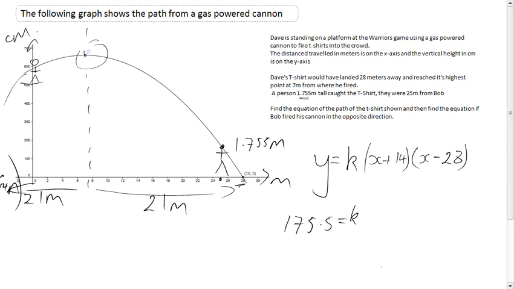equals k, and then I've got 25 plus 14 and 25 minus 28. So if I look at that, 25 plus 14 is 39, and 25 minus 28 is minus 3, and I've still got the k, and that's got to equal 175.5.